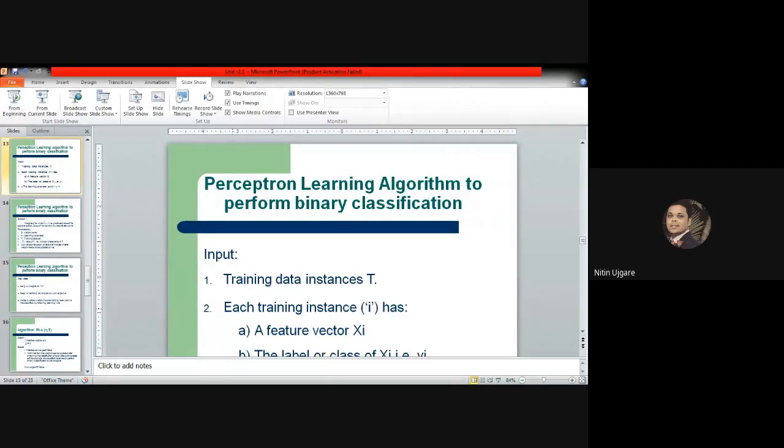Other students, Anuja Karpe, Anushri Jawar. Yeah, right, all of you are right. What about the rest of the students?